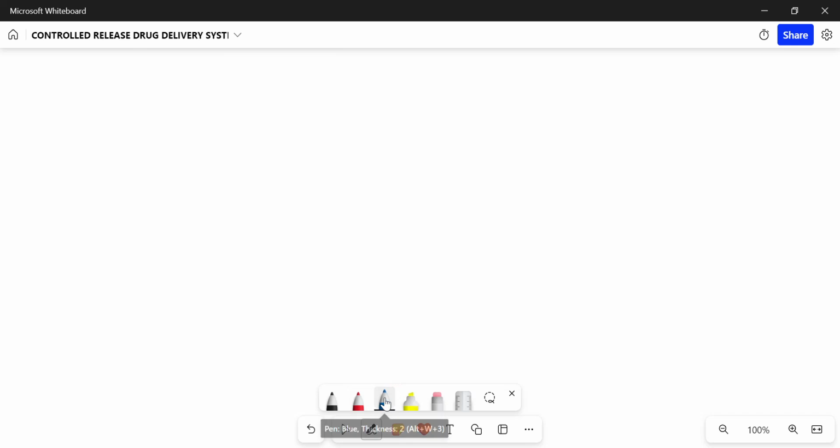Okay. Now the second one is activation modulated type of control release drug delivery system.